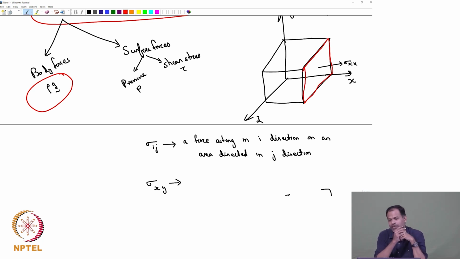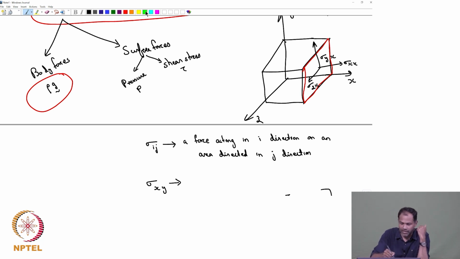So, I can define 2 more forces. I can define a force that is acting in y direction on this area x, that I can write as sigma yx. I can talk about another stress that is acting in z direction. So, that will be sigma zx.